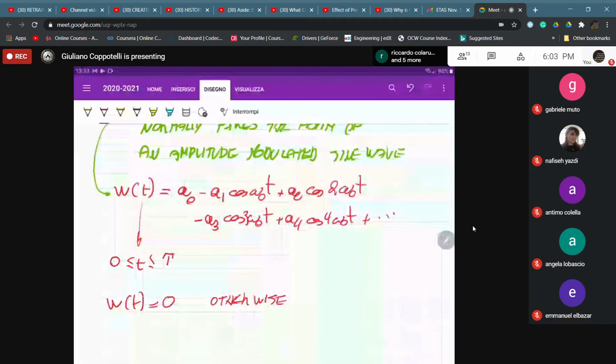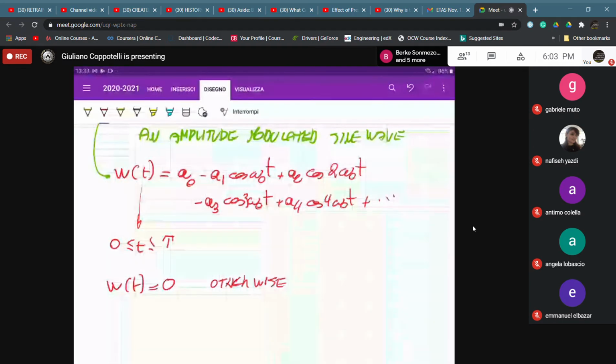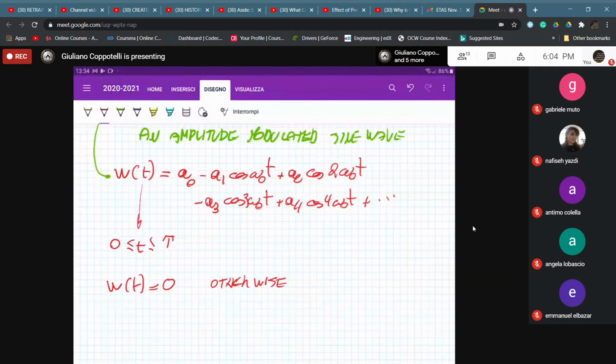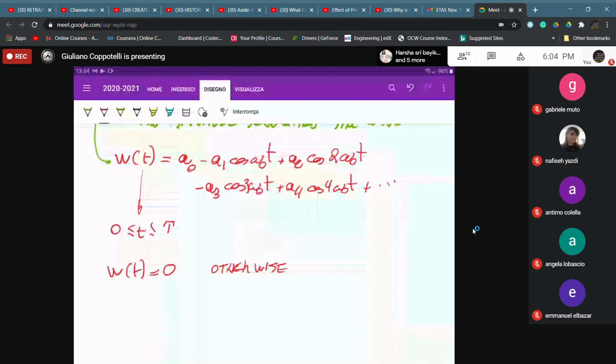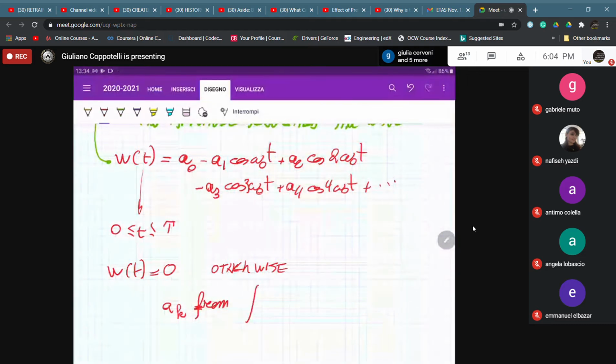Okay, and by the way, these coefficients a0, a1, a2, and so on are determined by setting some projection criteria. So the ak coefficients could be derived from some projection criteria.